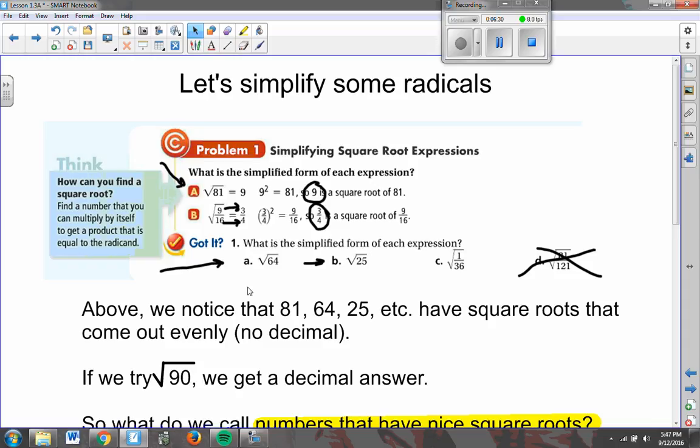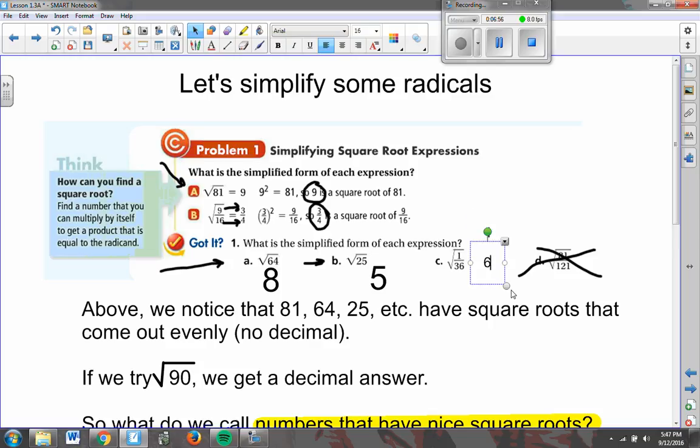Okay, in letter A, the square root of 64 is 8, because 8 times 8 gives us 64. The square root of 25 is 5, because 5 times 5 is 25. And then here, when we deal with our fraction piece, the square root of 1 over 36 is, well, on the top, 1 times 1 would give us 1, so the square root of 1 is always 1.